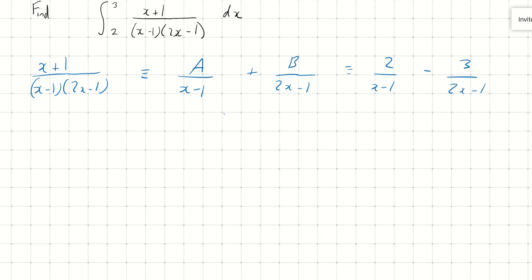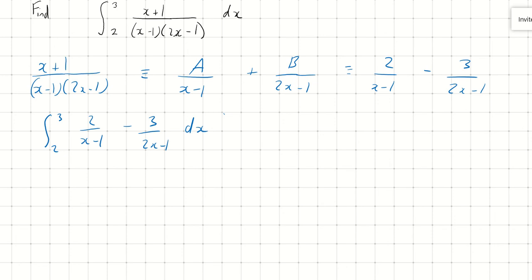So now the original question is just asking for the integral from 2 to 3 of 2 over (x - 1) minus 3 over (2x - 1) dx. And these are both log integrals.